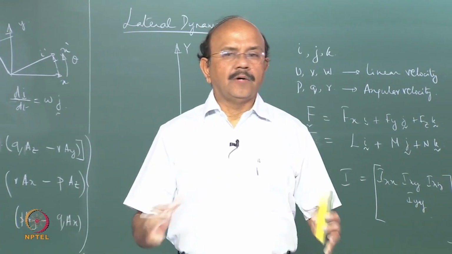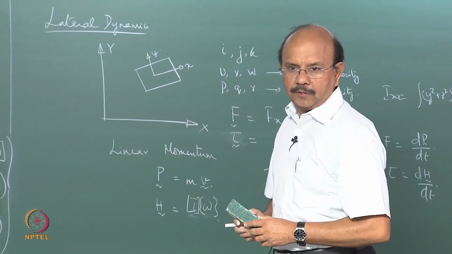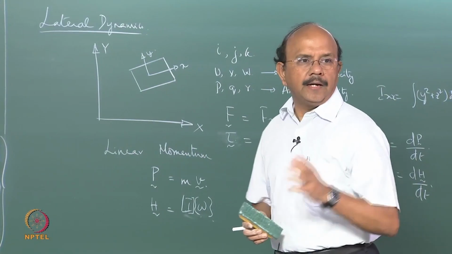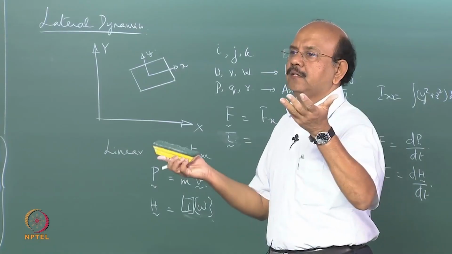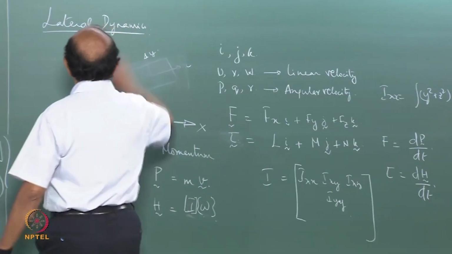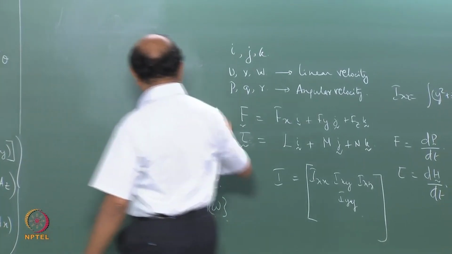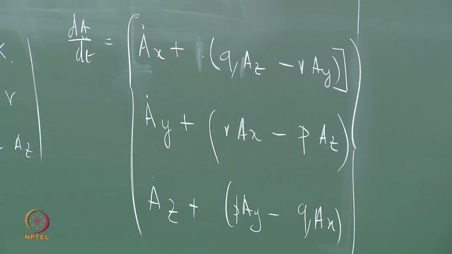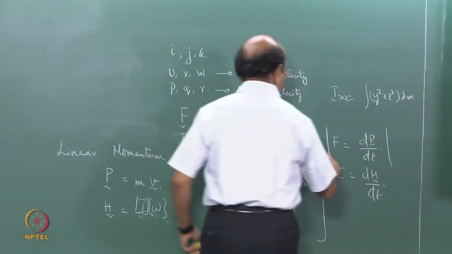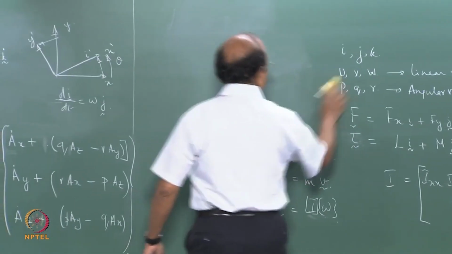Now I can apply my Newton-Euler equation by substituting for A the velocity. I can write down the first of the equations, which is dP by, that is here, that equation I can write down.